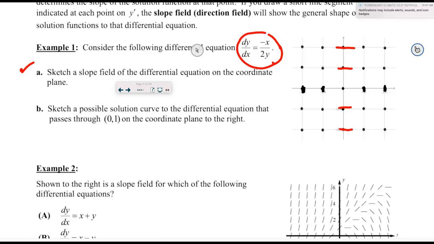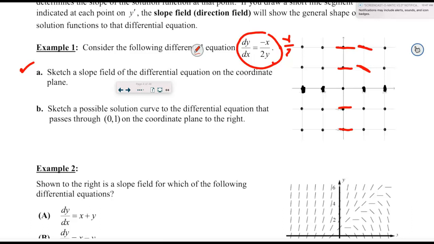I would go over here in the first quadrant, and at 1, 1, we're going to get a -1/2, so very gradual. At 1, 2, we're going to get -1/4, so even more gradual.